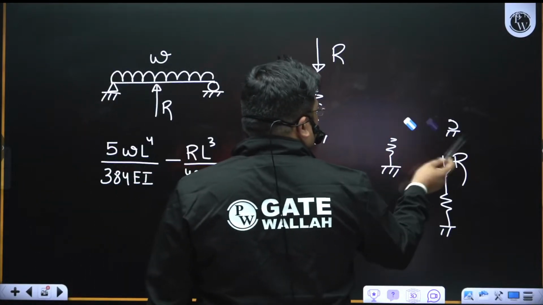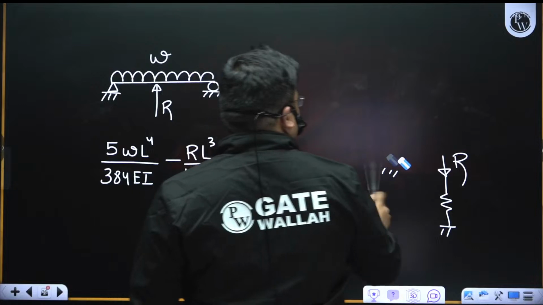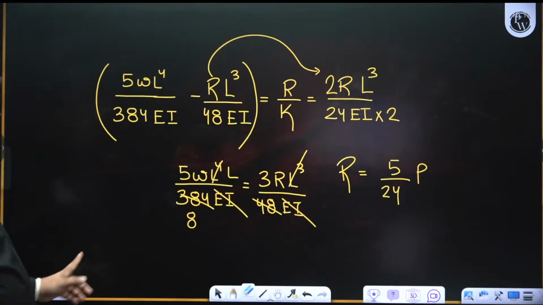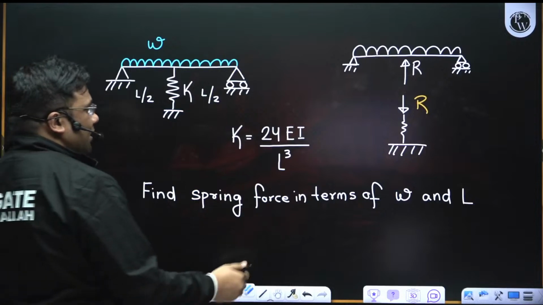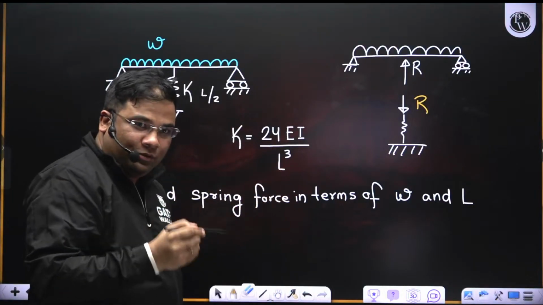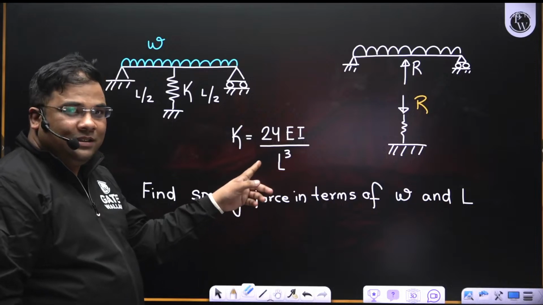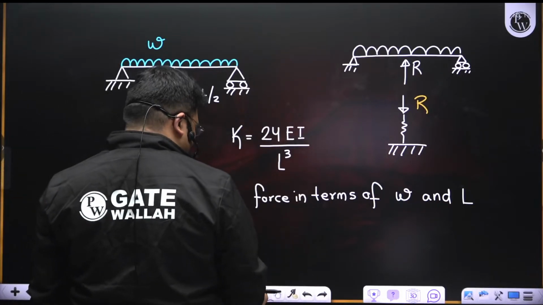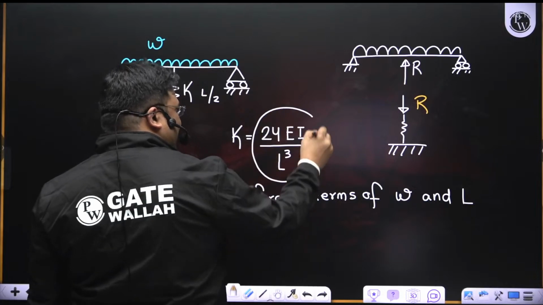You are confused in your own world, so I can't help you out. The spring constant doesn't vary. I understood what you're telling. You are telling that for the spring I will use L by 2. But this spring constant is a constant. How will it depend on where the spring is placed?